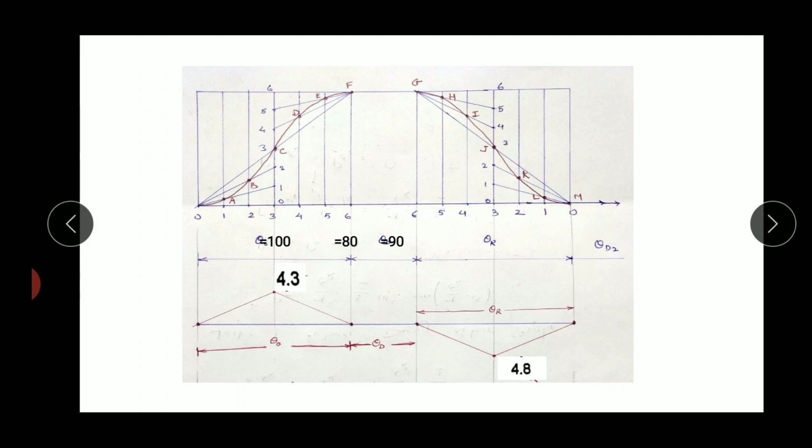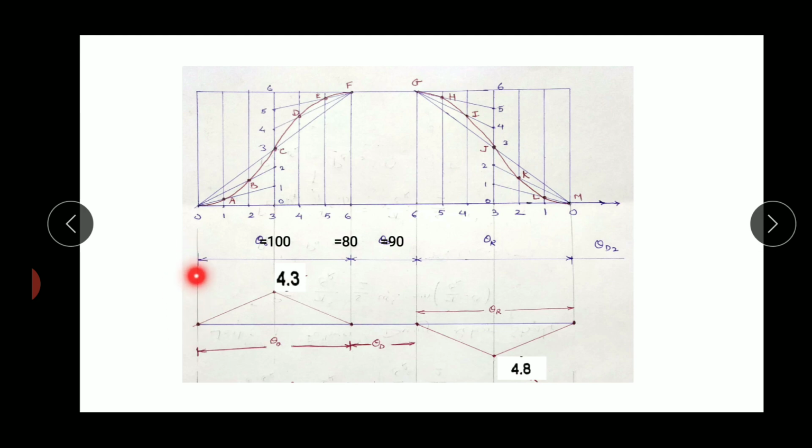During outstroke, the velocity at the start is 0, at the end is 0, and at the half of outstroke it is 4.3, taking a suitable scale in the vertical direction, 4.3 meter per second. During the return stroke, velocity at the start and at the end is 0. At the half of the return stroke it is 4.8 meter per second. This 4.8 must be greater than 4.3, so you have to choose a suitable scale in the y direction.